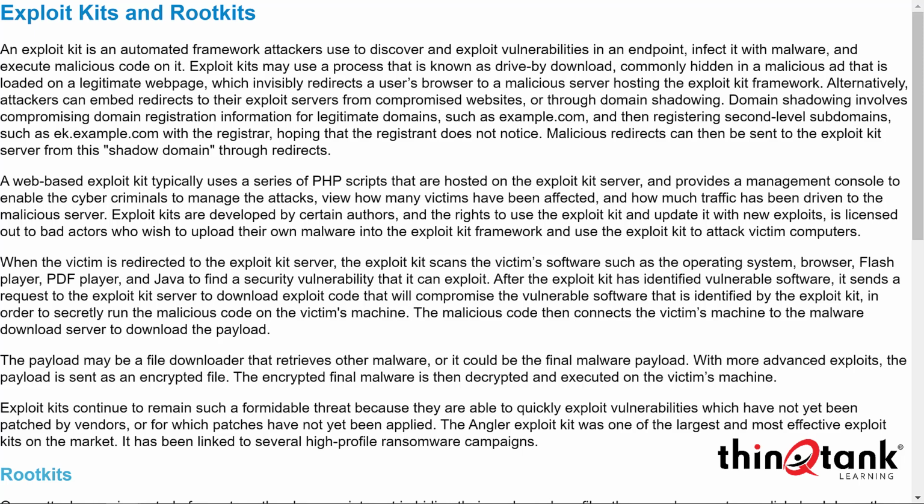Grandsoft was another one that also came out in 2018, and that was primarily used for distributing ransomware or Trojans. Magnitude, another one that targeted specifically Asian countries to deliver specific payloads. It's been around for a long time, nuclear, and so on.